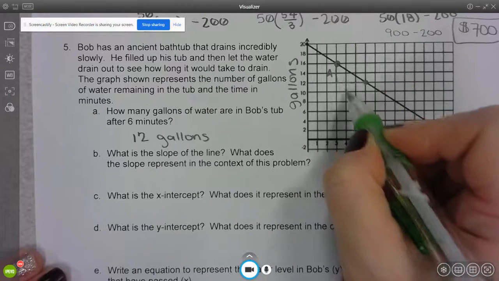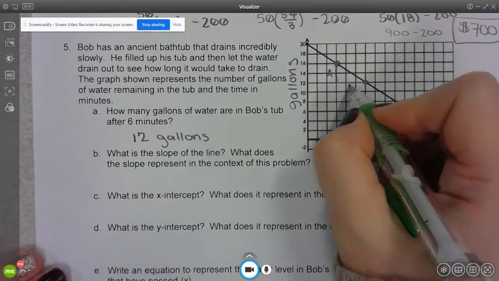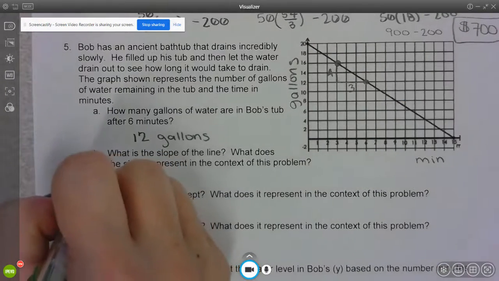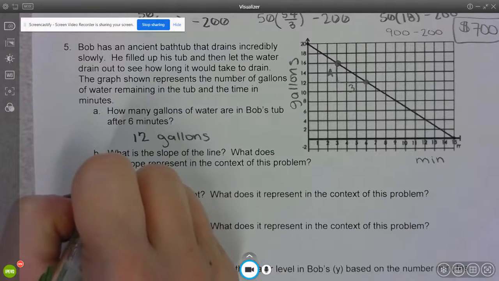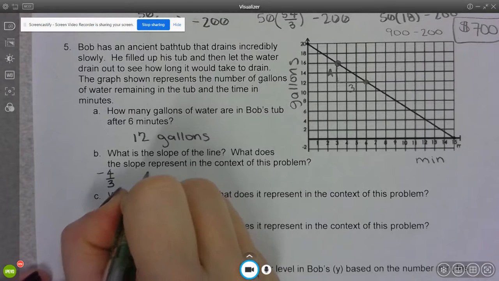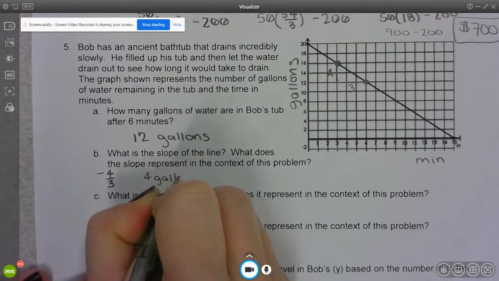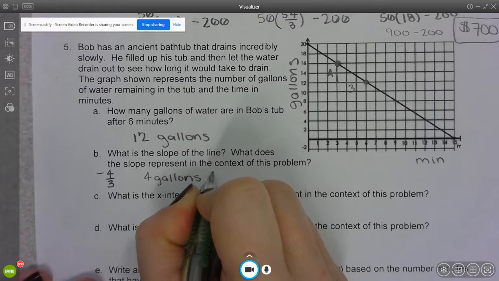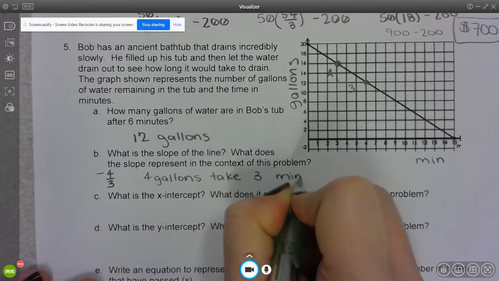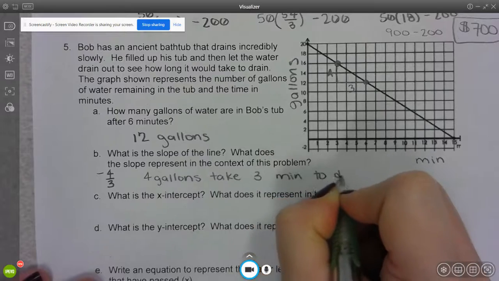And then these are a scale by 1, so it would be 3. So that would be negative 4 thirds. So 4 gallons take 3 minutes to drain.